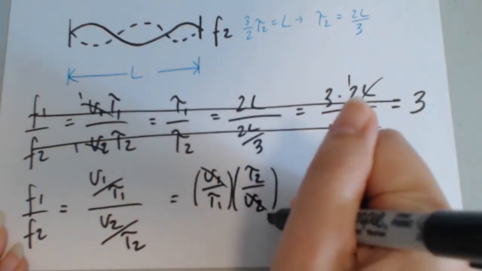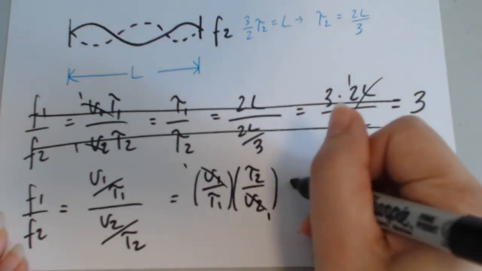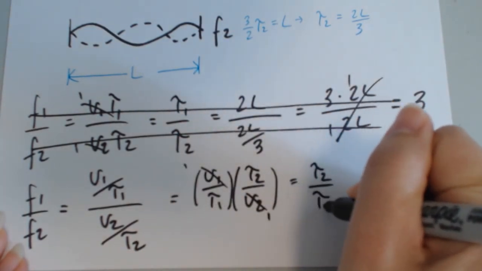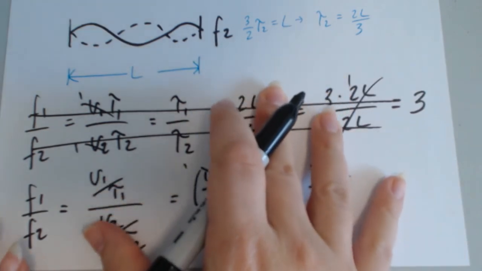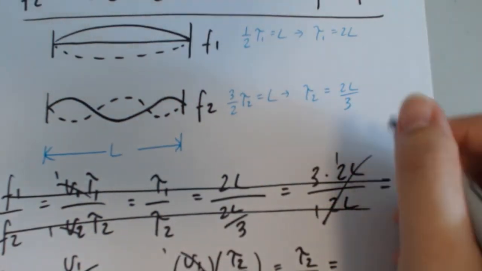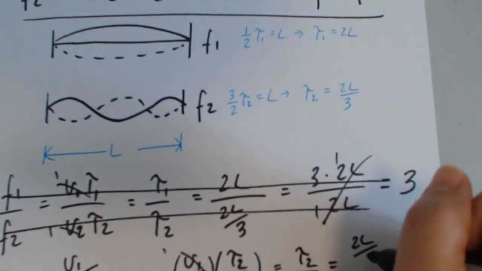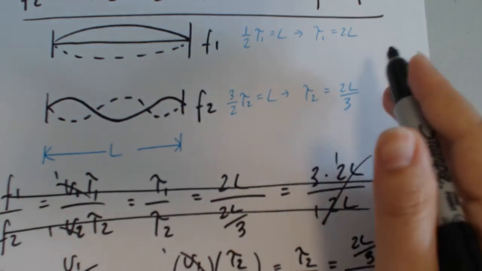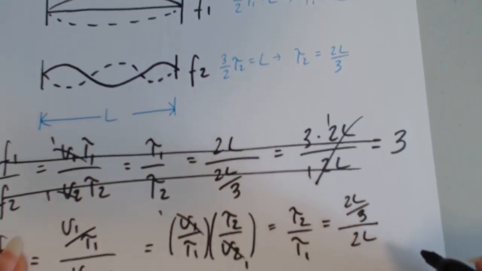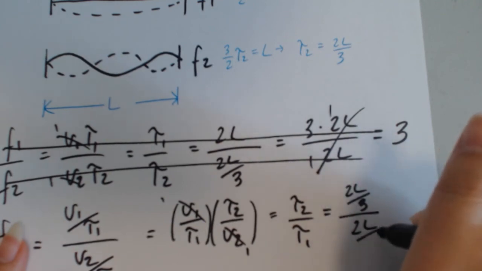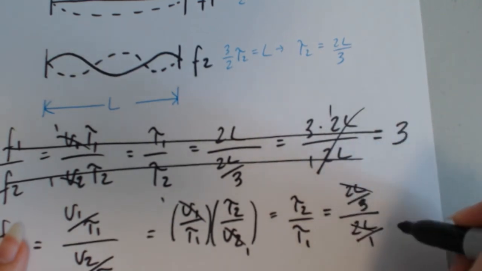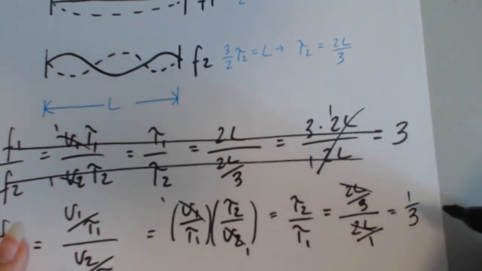The speeds cancel because the speed of sound is the same. So we're left with lambda 2 over lambda 1. Okay, so now looking at our values, lambda 2 is 2L over 3. Excuse me. And lambda 1 is 2L. So then 2L over 3, so this is really 2L over 1. The 2L's cancel, and I'm left with 1 over 3.